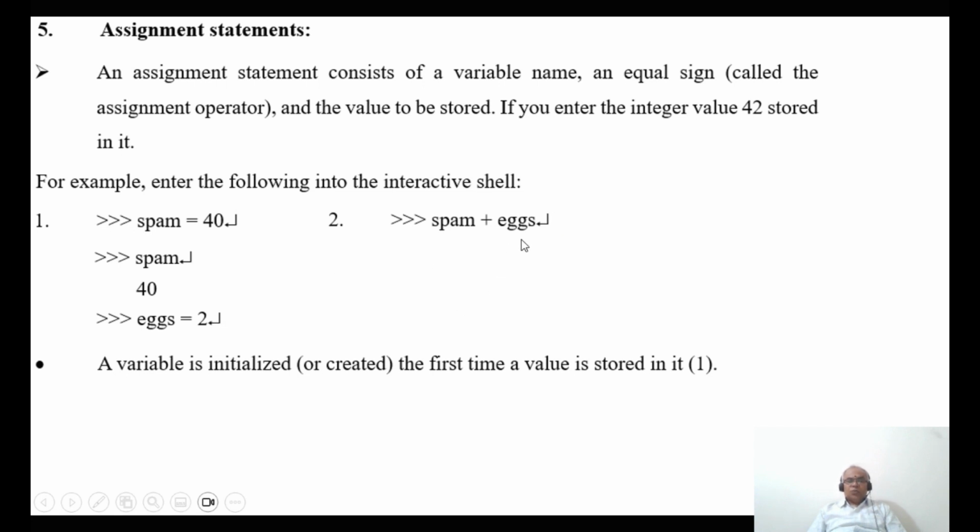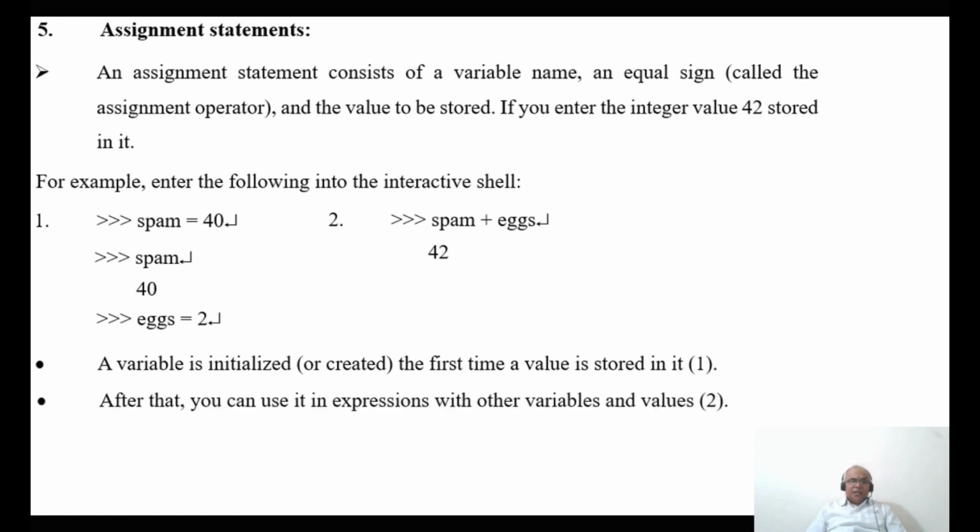So 40 plus 2 is going to give you 42. That is the output you are going to get. Similarly, you can use it in an expression with other variables, and the value becomes the sum of these variables. Spam plus x plus spam, that is 40 plus 2 plus 40, will give you 82 as the output.